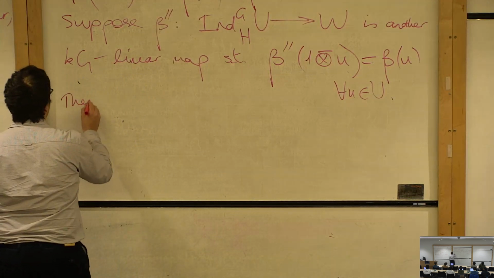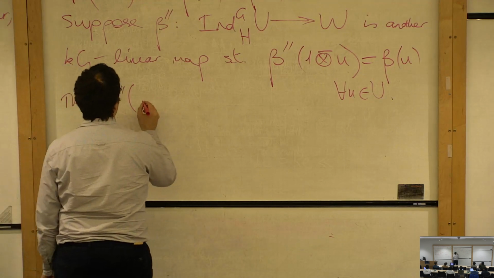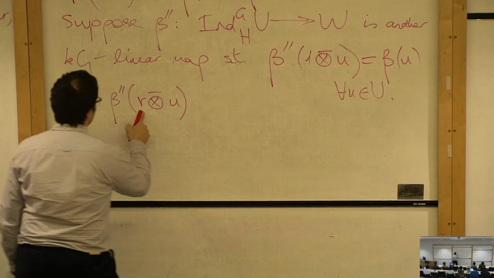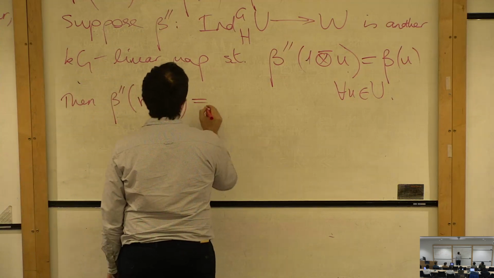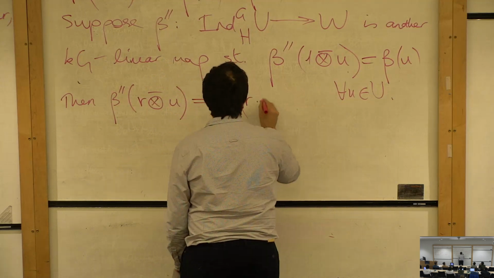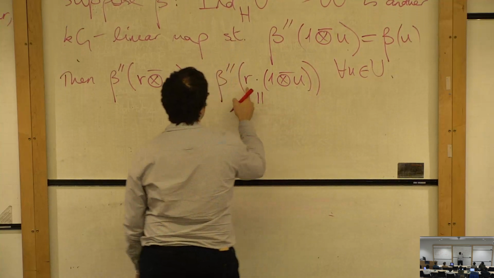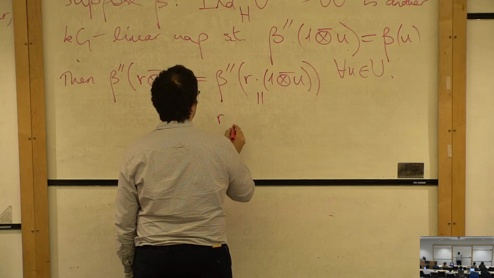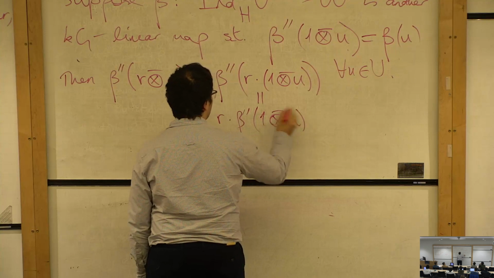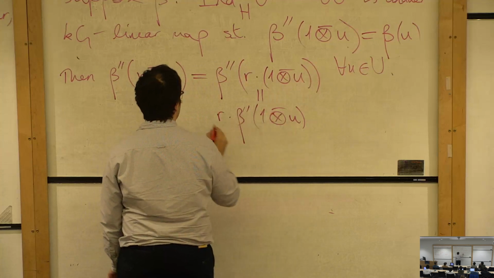Then beta double dash of R tensor bar U, for any R in KG. Because it's linear, you see this is how the group ring acts on the induced module. And since beta double dash is linear, I can pull the R out. Okay, and then by assumption, beta double dash of 1 tensor bar u is just beta of u.